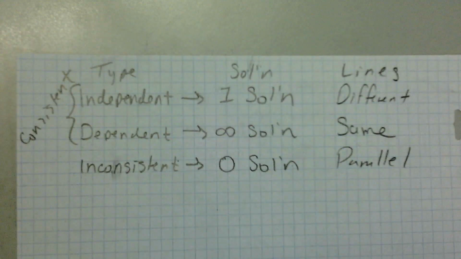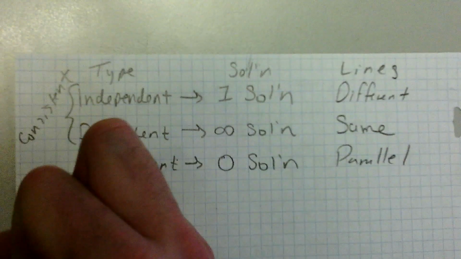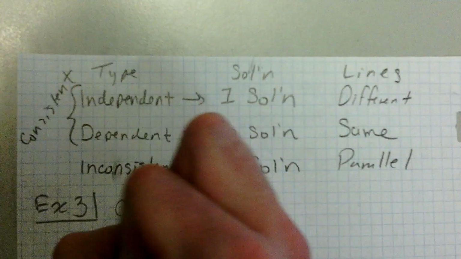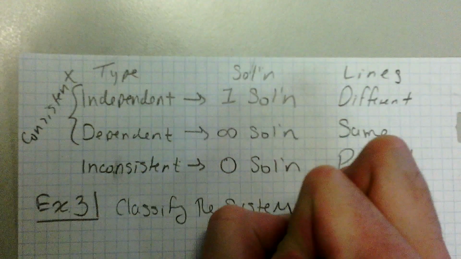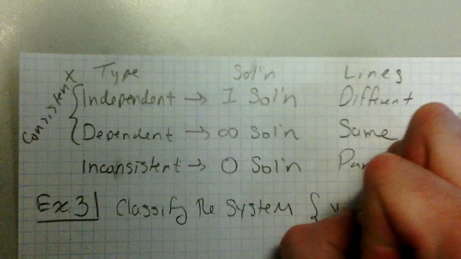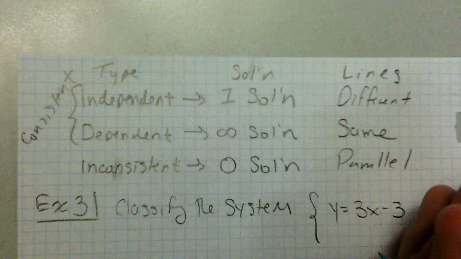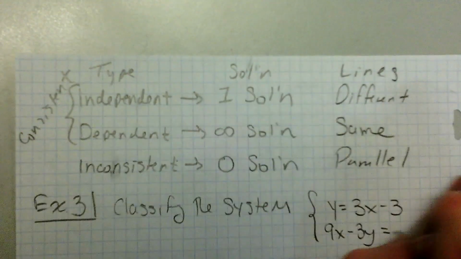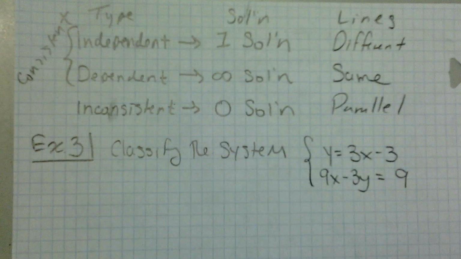Example 3. The systems that you will work with graphing in this chapter are slope-intercept form and standard form.